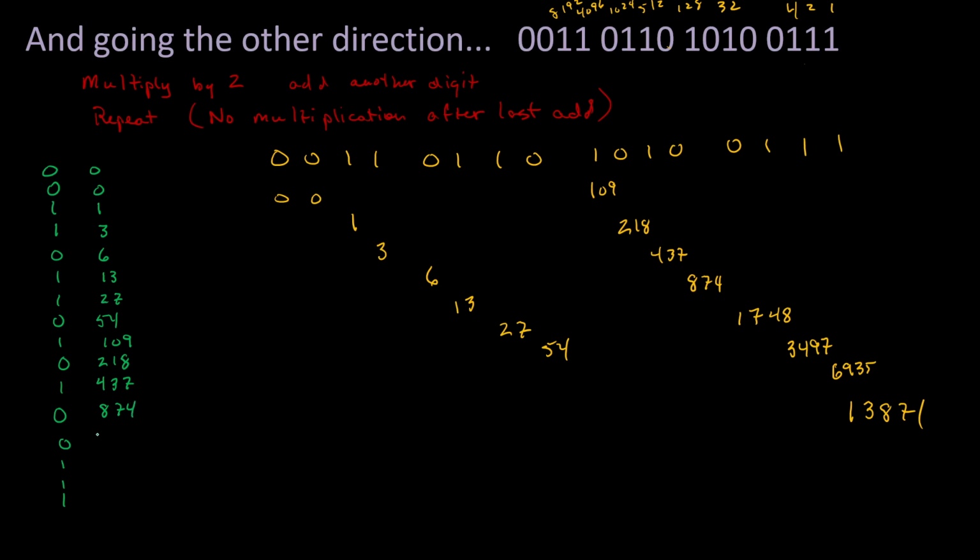Times 2 plus 0 is 17, 17, and then I've got a, let's see, 40. Times 2 plus 1, that's 3496, 3497. Times 2 plus 1 is, that would be 6869.